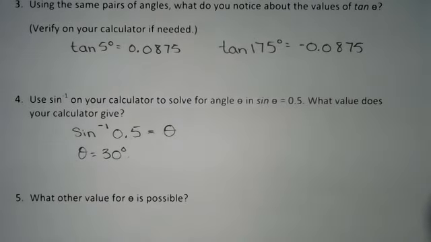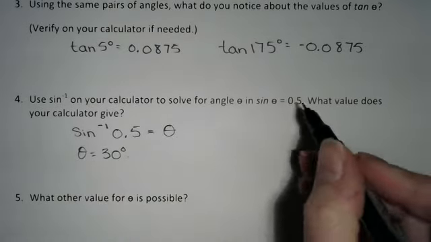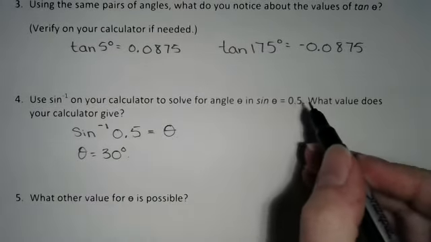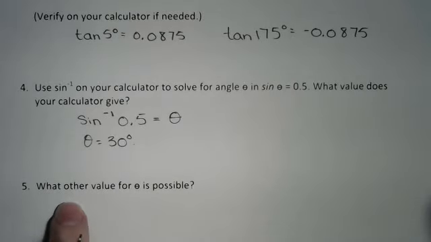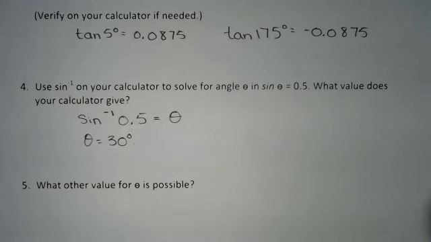Now if you think about this, we're looking at sine of an angle, and sine of this angle is positive. What other value for theta is possible? So now you really have to think about it. Sine theta is positive.